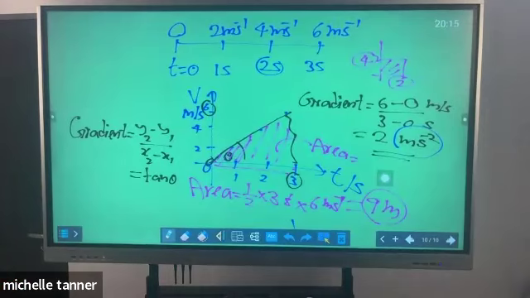These are important in velocity time graphs.